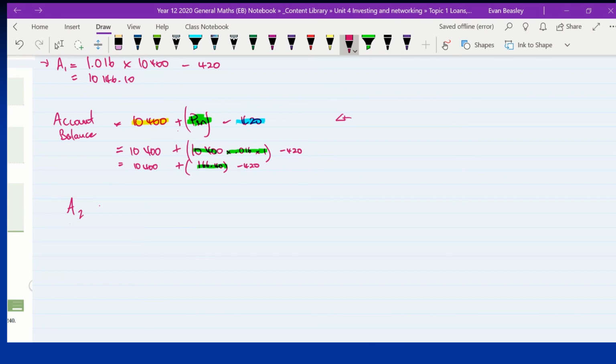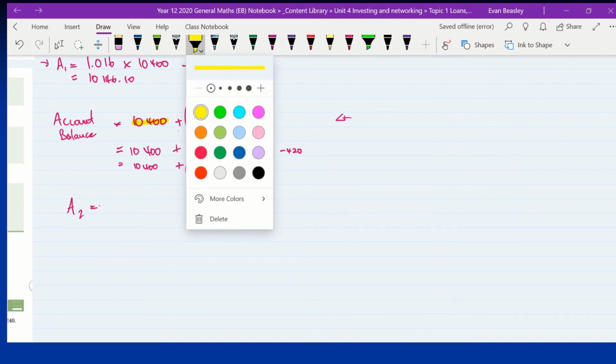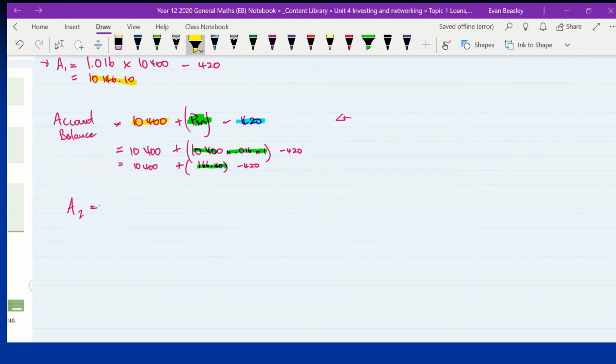okay, so A2, we had a principal now of, what was it, 10,146. So this becomes our new principal. So let's substitute that in. So it's 10,146.